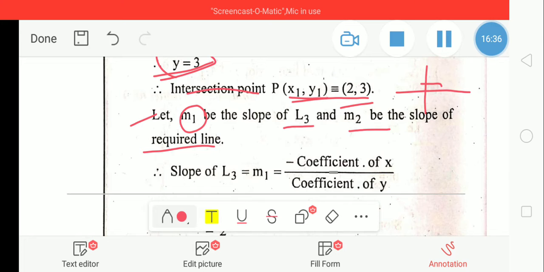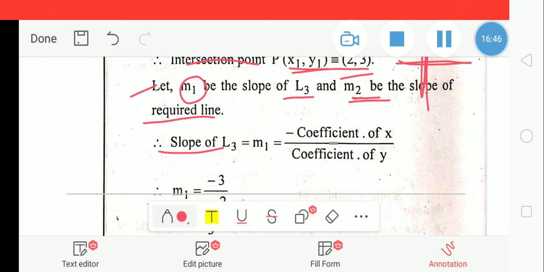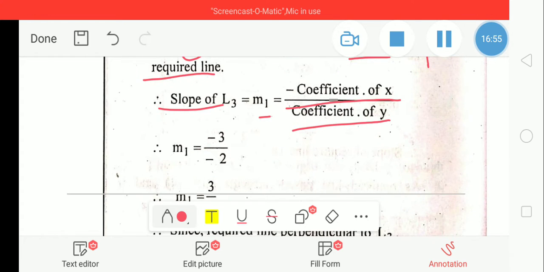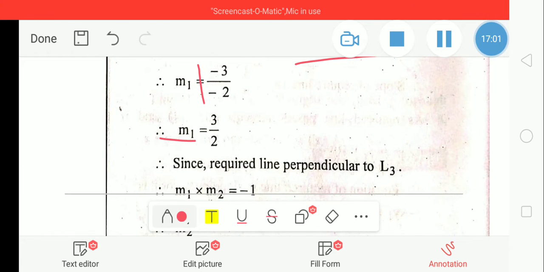Here m1 is the slope of the given line, and m2 is the slope of the required line, which we have to find. So the slope of line 3, m1, is minus coefficient of x divided by coefficient of y. That means m1 is equal to minus 3 divided by 2. So minus gets cancelled. m3 is equal to 3 by 2.